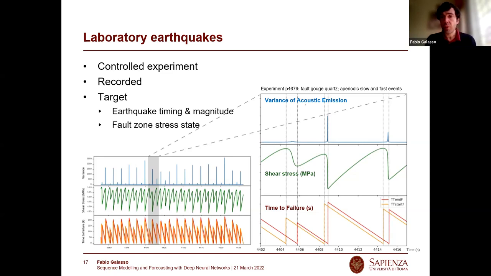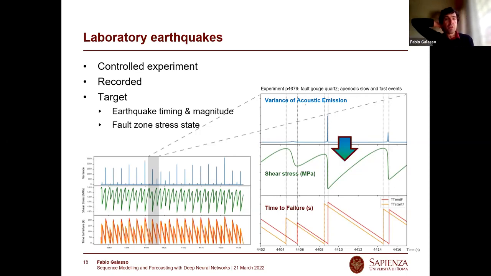And then finally, there's what potentially you may want to predict as your goal, which is the time to failure, right? So how long before the next discharge of shear stress, the end of a discharge or the beginning of a discharge. So time to the start of failure or time to the end of failure.